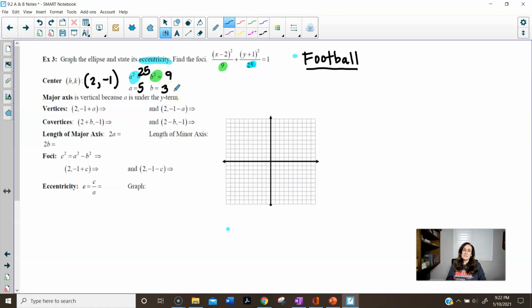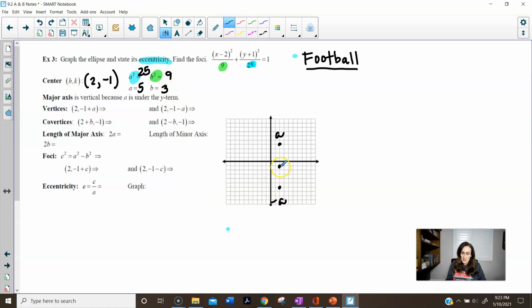So how you're going to do this is you're going to graph the center, which is right 2 and down 1. The a's take us from the center up and the center down because it's a football. So from the center, count up 1, 2, 3, 4, 5, and count down 1, 2, 3, 4, 5. So there are your a's, and that is your major axis. Your co-vertices are your b's.